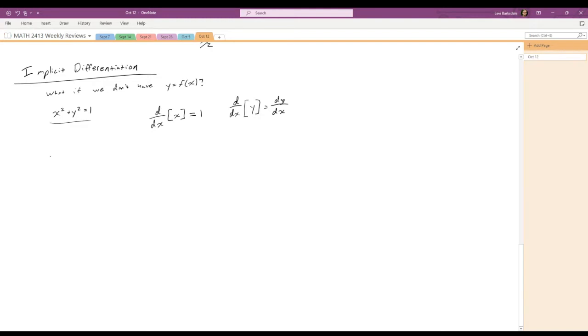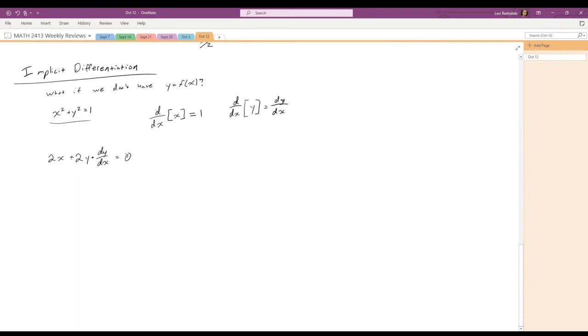If I'm taking the derivative, well, x is a variable, I take the derivative. Derivative of x squared is 2x. Next, I come across y squared. Y is a variable, so I need to take the derivative using all of my normal derivative rules, in this case the power rule, 2 times y, but now the derivative of y is dy over dx. And then the derivative of 1 is just 0.